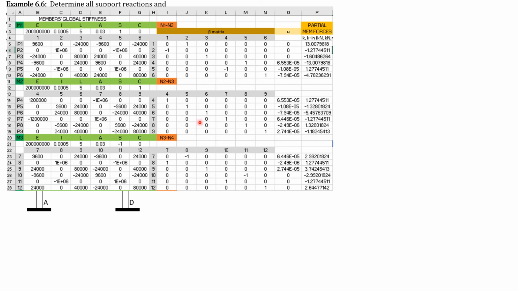Then there is only a load in member BC, so you can easily compute the reactions and the fixed moments for that member. I did not show it here, but you can easily compute the fixed moments because the only load is concentrated. So use negative PAB square over L square for the left, then PA square B over L square for the right.